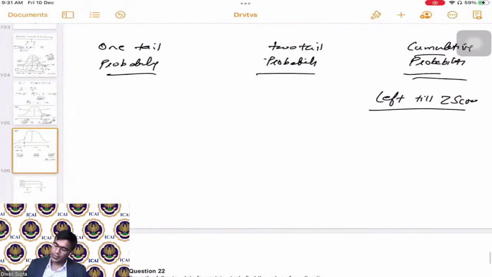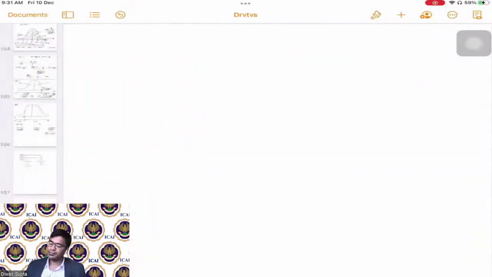And now the last concept on standard normal distribution.